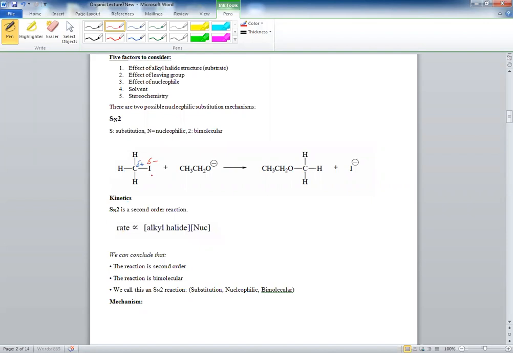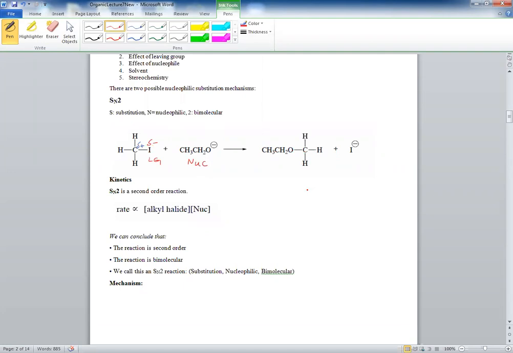In this case, I, of course, is your leaving group, Lg. And then here you have the ethoxide ion. That's going to be the nucleophile, because the nucleophile replaces the I. Notice the reaction and the product on the other side.